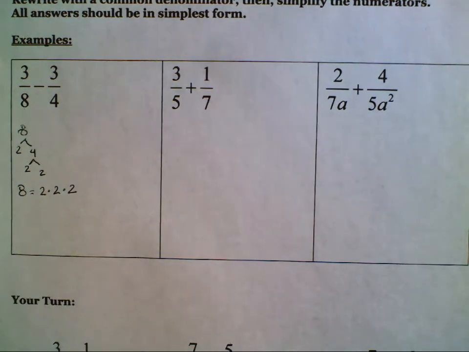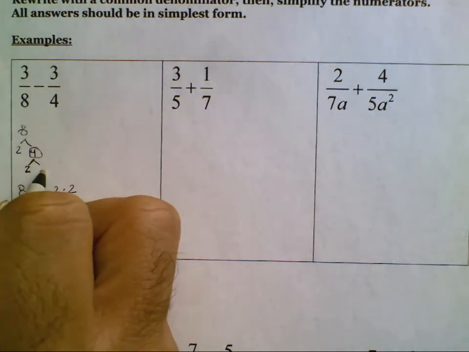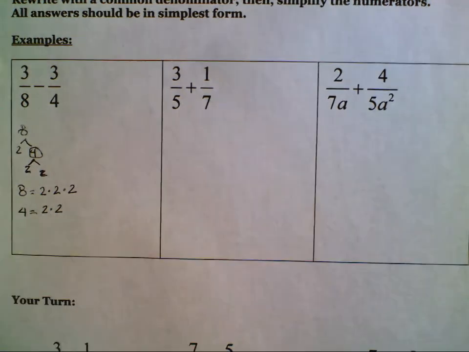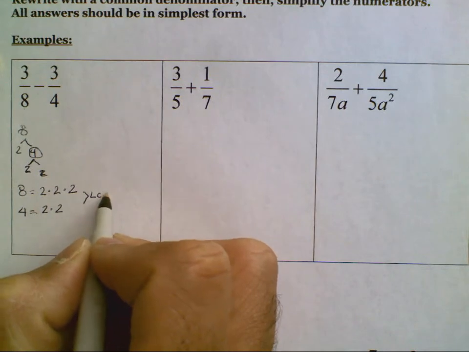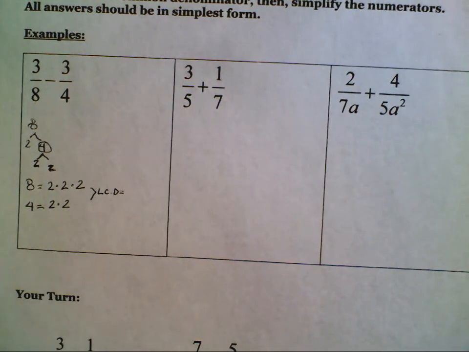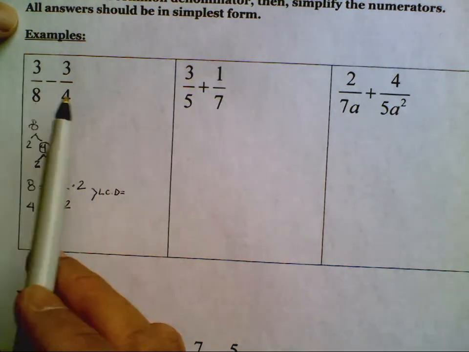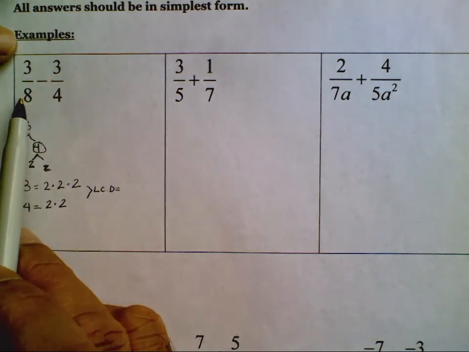Now I have that 8 is equal to 2 times 2 times 2. Now let's do 4. 4 is divisible by 2, which is 2. So 4 is equal to 2 times 2. Now, how do I find the least common denominator? Your least common denominator is going to be the smallest positive number divisible by both denominators. So we're going to find a number that is divisible by both denominators.